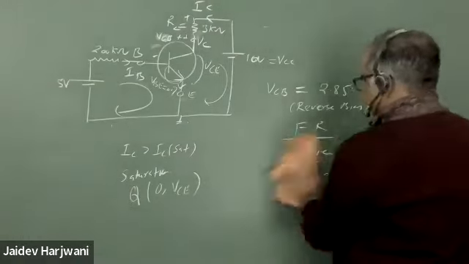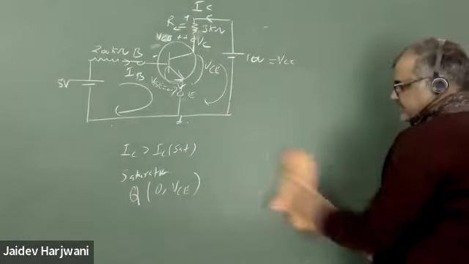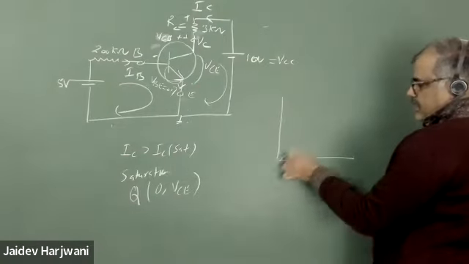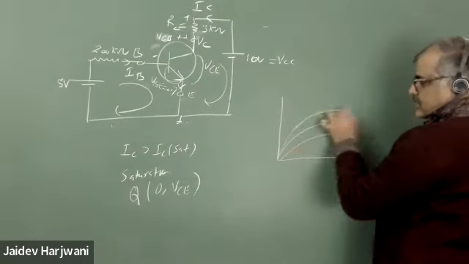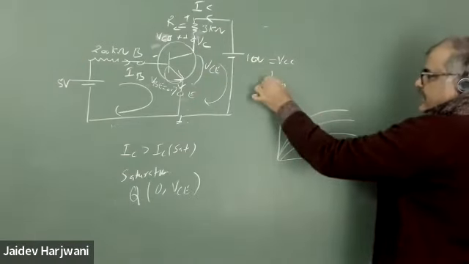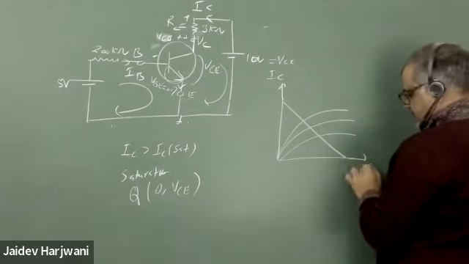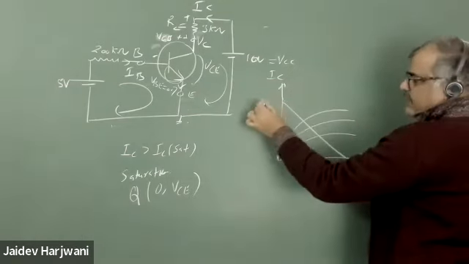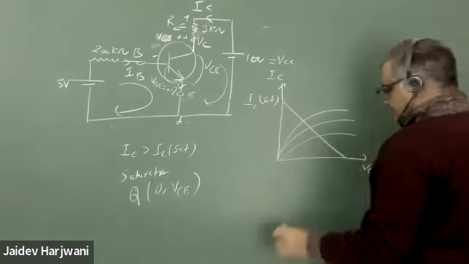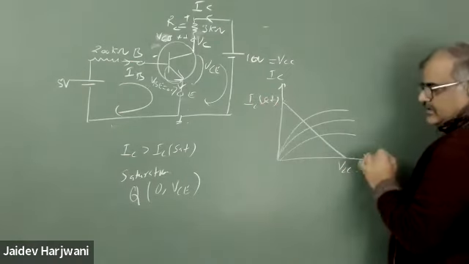Like just now I have drawn these characteristics. I told you the end points in this graph. This is your IC and this is your VCE. These are your end points. This is your IC saturation, and this is your VCC.